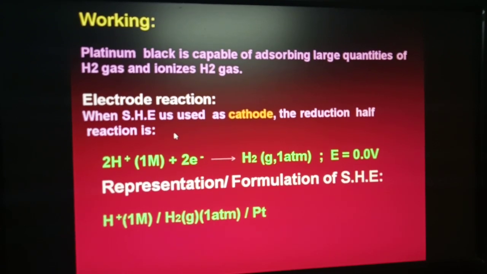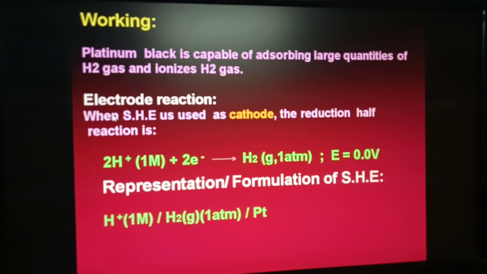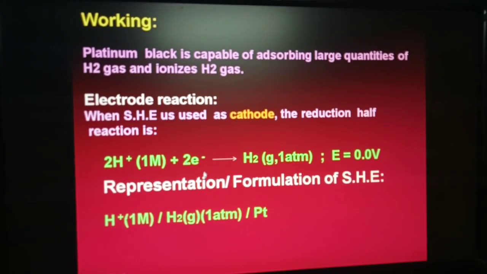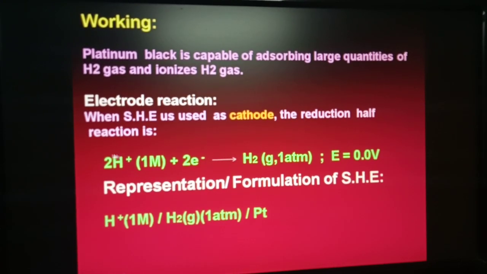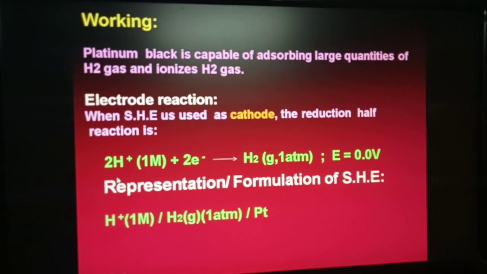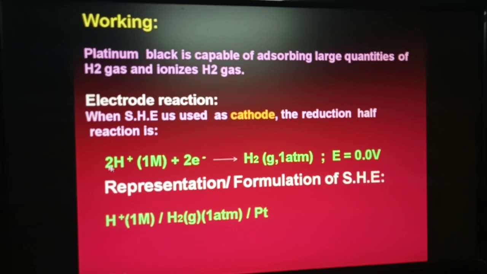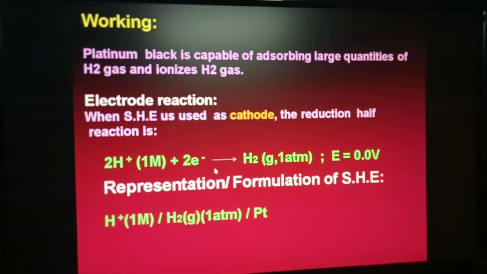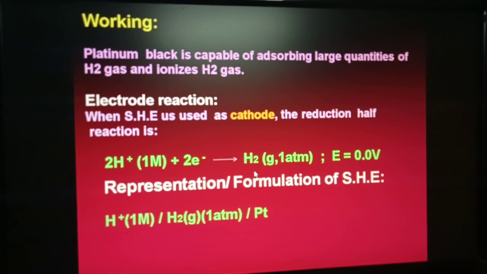The other electrode that is coupled with this standard hydrogen electrode will oxidize, and those electrons will be gained at the cathode by the H+ ions of this electrode. So the reaction taking place at this cathode will be 2H+ + 2e- gives H2.